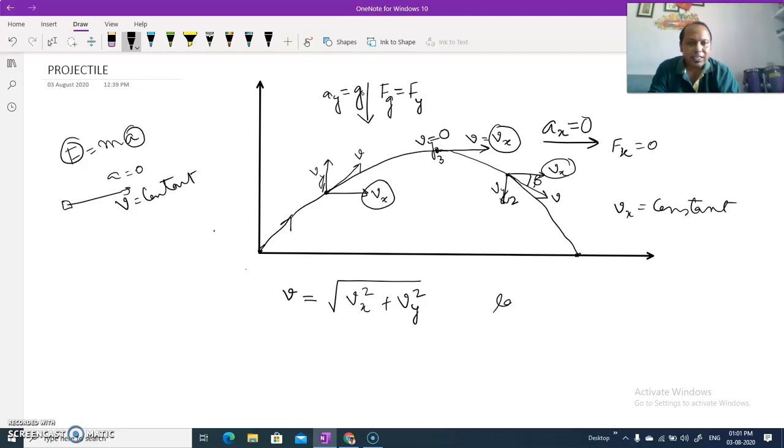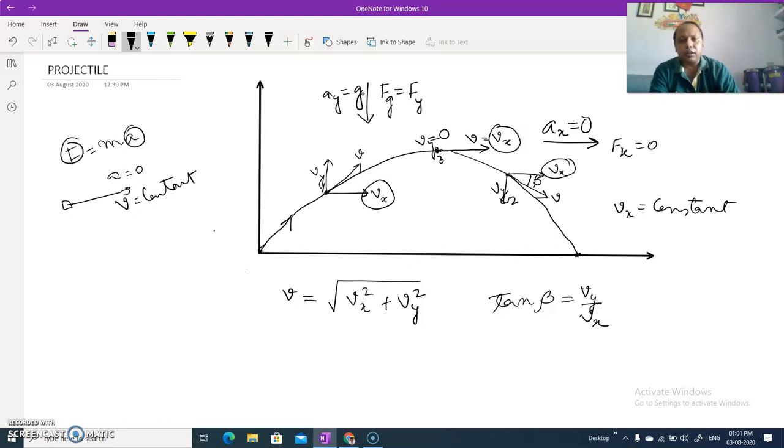In that case, tangent of beta is opposite by adjacent, that is Vy upon Vx. So we can also find the direction of the velocity, which is given by tan beta equal to Vy upon Vx. So I hope this concept of projectile is clear to you.